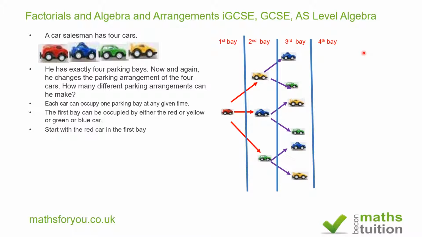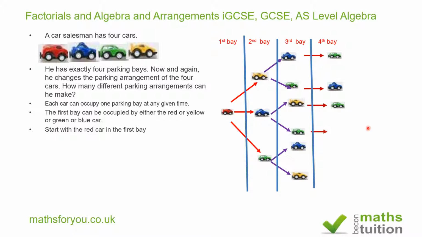Now, if we assume that there's only 1 car left now, so if we had a red car in the first bay, yellow car in the second bay, and blue car in the third bay, for the fourth bay, we're going to have a green car. Similarly, if you had a red car in the first bay, yellow in the second bay, and green in the third bay, we're now going to have a blue car in the fourth bay, and so on.